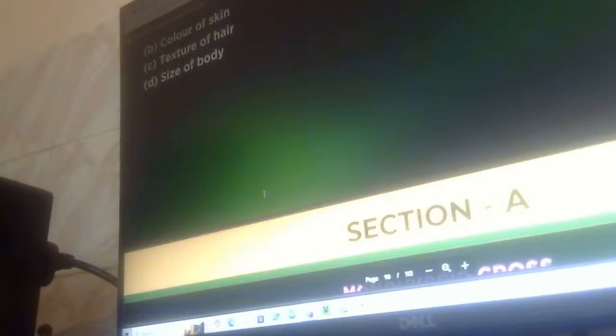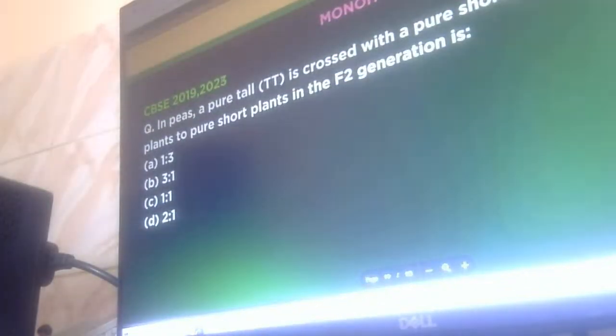It's gonna be difficult. Oof, crossing. Come on, let's sit and do Punnett square. TT is crossed with small t.